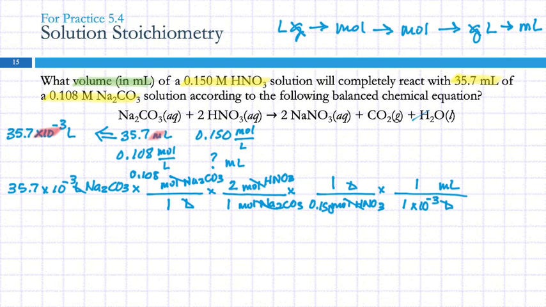Okay, so then just calculator. 35.7 EE negative 3. I almost couldn't see the 0.108 there because it's so out of whack. Times 0.108 times 2 divided by 0.150 divided by 1 EE -3. If you're using your scientific notation button incorrectly, you're going to come up with an answer that's off by several powers of 10.